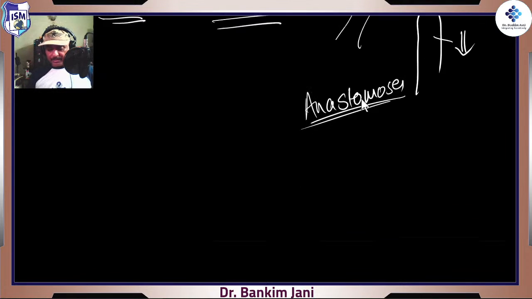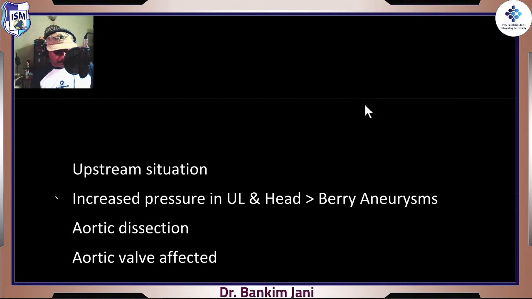When this high pressure is there, first there is increased pressure in the upper limb and head, right? And in the head, there is the circle of Willis at the base of the brain, which is supplying blood to the brain. Now those are very delicate vessels and their walls are weak, so there would be aneurysms.